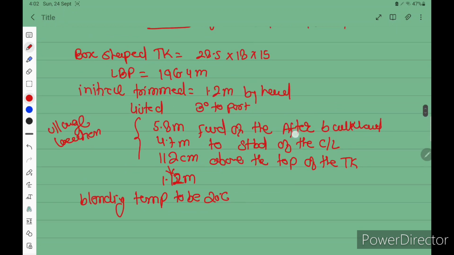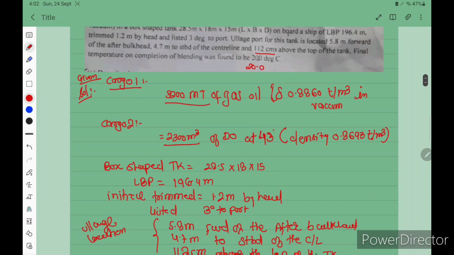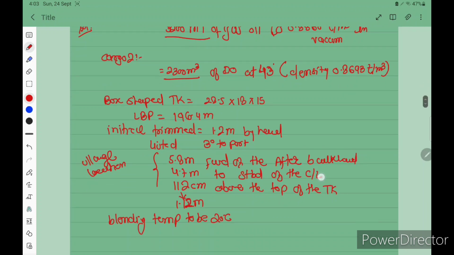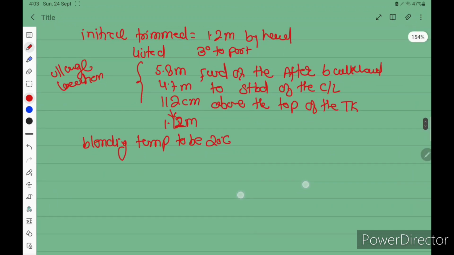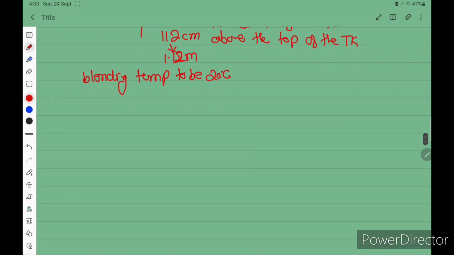If you write it this way, you will easily understand what is given in the question and what we need to do. For presentation, this MMD one page is already finished, so the presentation is good. That means you understand the question and are now ready to solve it. So first we solve cargo 1 and then cargo 2. Cargo 1 is 3200 metric ton of gas oil, 0.8860.